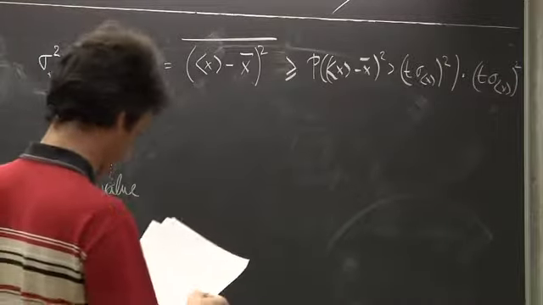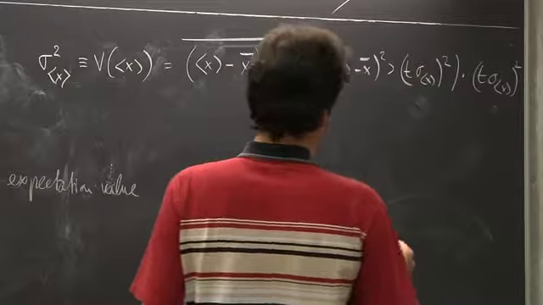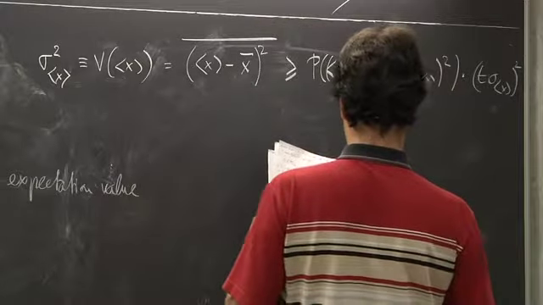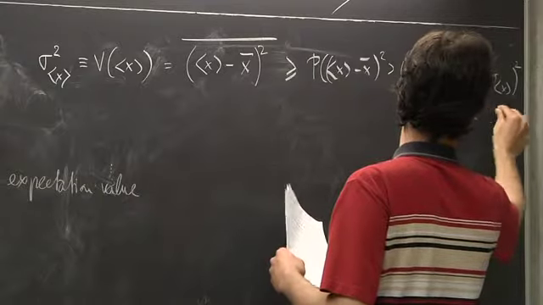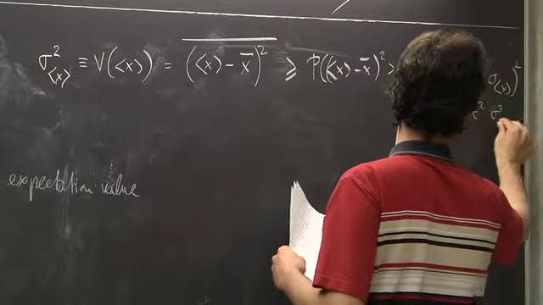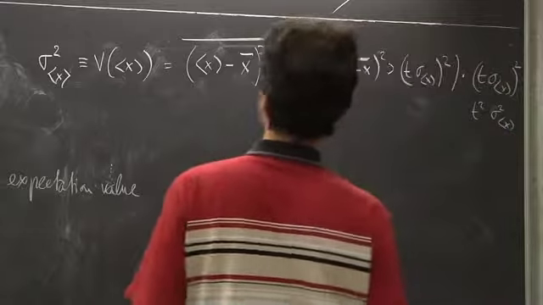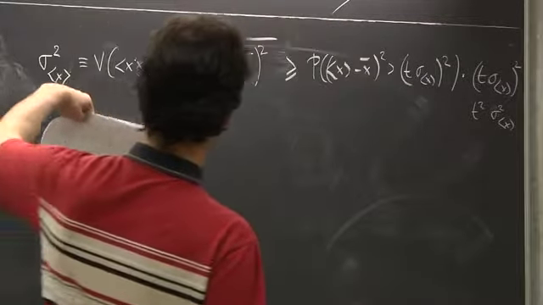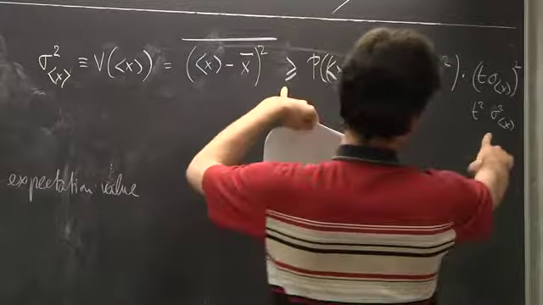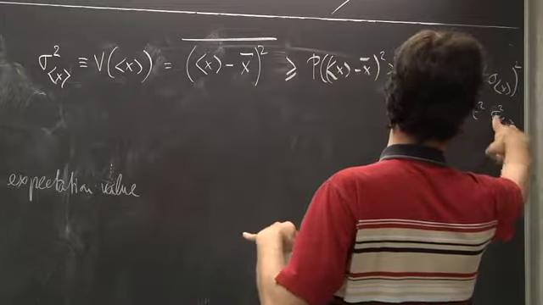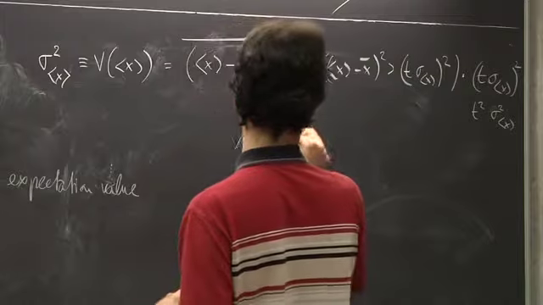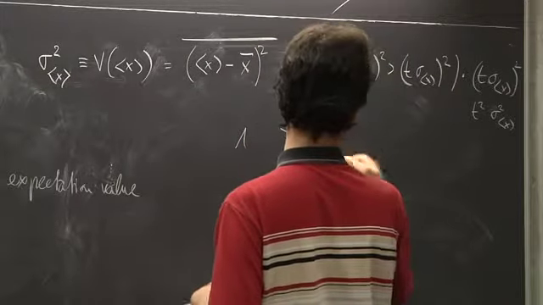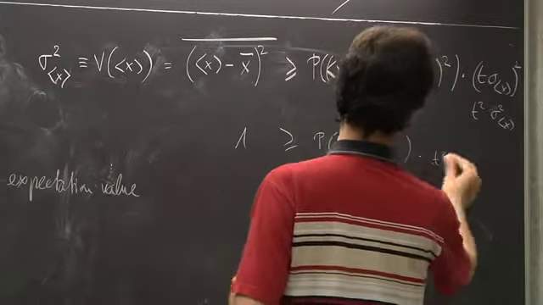That's extremely simple. So now you see that here you have t squared sigma squared x, right? Now you have sigma squared x is bigger or equal to sigma x squared times something. And now you divide by sigma x squared, and you get 1 is bigger than this p times t squared. Right?